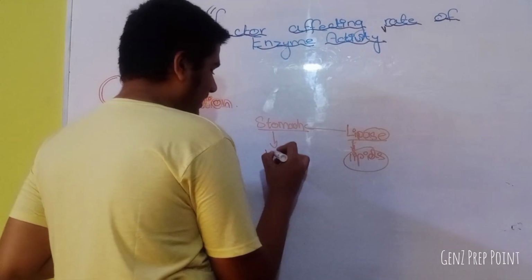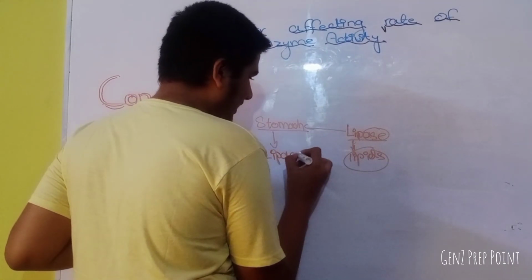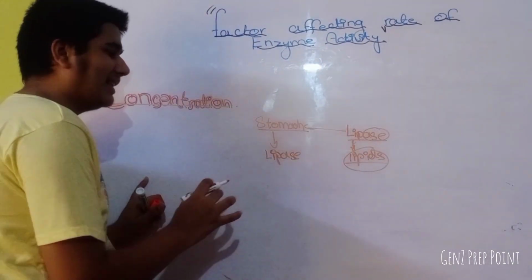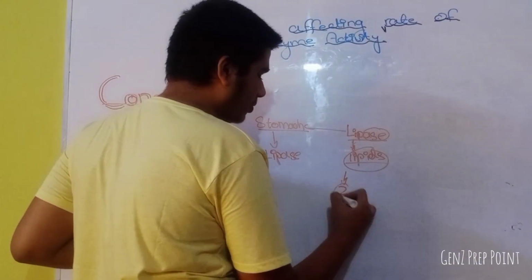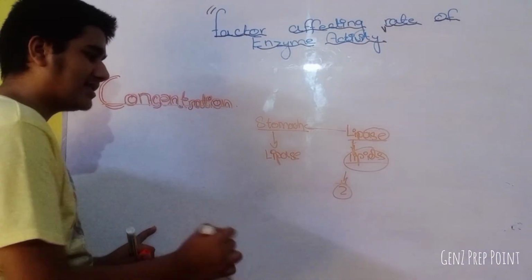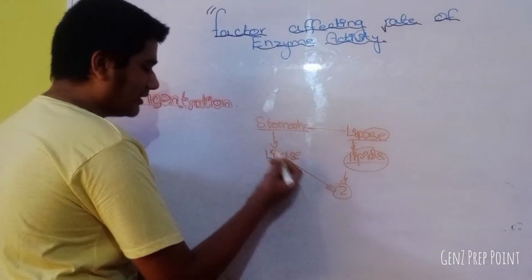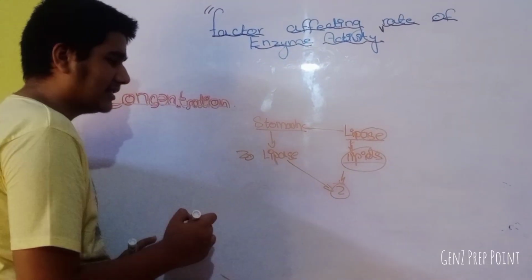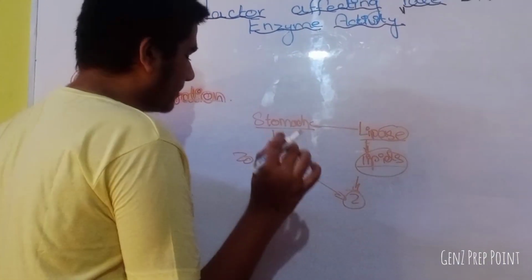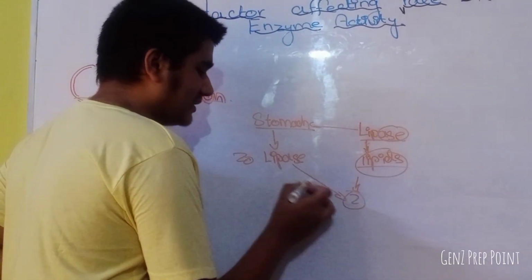Your lipase enzyme is there. You eat an oily substance, it has two molecules of lipids. Just suppose there are 20 lipase enzymes. There are millions, but we suppose there are only 20 lipase enzymes.